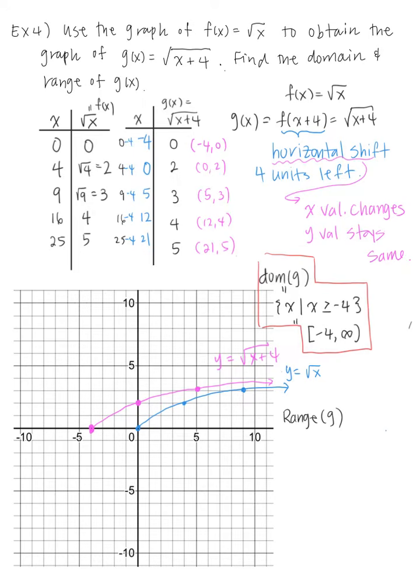So in this case, our range is going to start from y equals 0 all the way up to infinity. So I'm just going to write it as the set of y values such that y is greater than or equal to 0. And interval notation will be closed bracket 0, comma, infinity. And there you go. Yay, we're done with example 4.